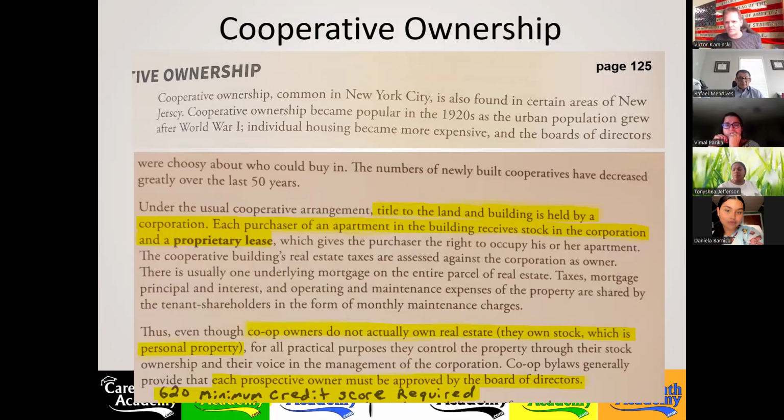It looks like a condo complex or apartments. It's actually co-ops. Do they look like apartments? An apartment can look like a condo can look like an apartment. They look the same, you know.